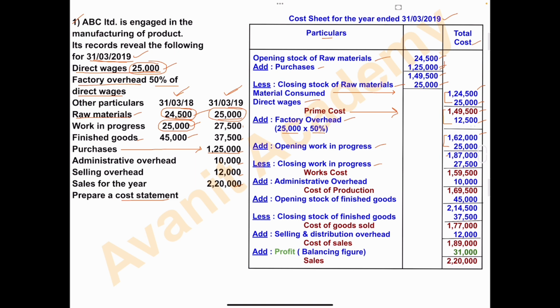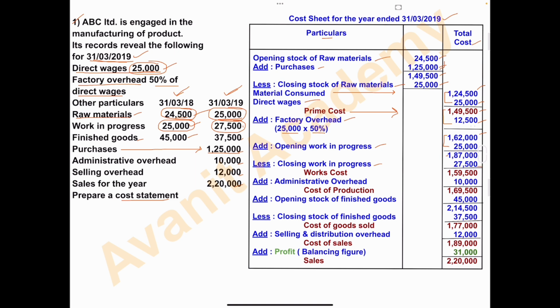Opening balance. The opening work in progress, we have to add that amount, and closing work in progress amount, we have to deduct. Less closing work in progress. Closing work in progress amount is 27,500. Minus that amount from this 1,87,000.